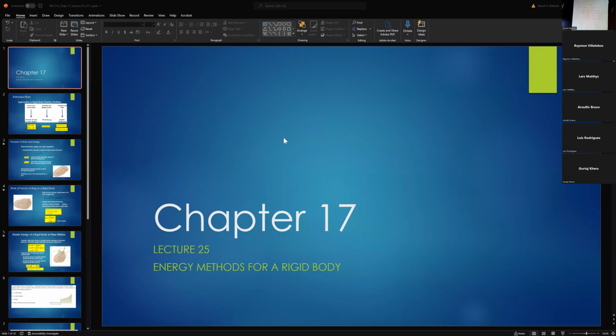The last part of dynamics, which is chapter 17, is essentially similar material to what we've already covered. It deals with energy and momentum, and the only difference is now we're dealing with energy in a rigid body and momentum in a rigid body, which we didn't have before.